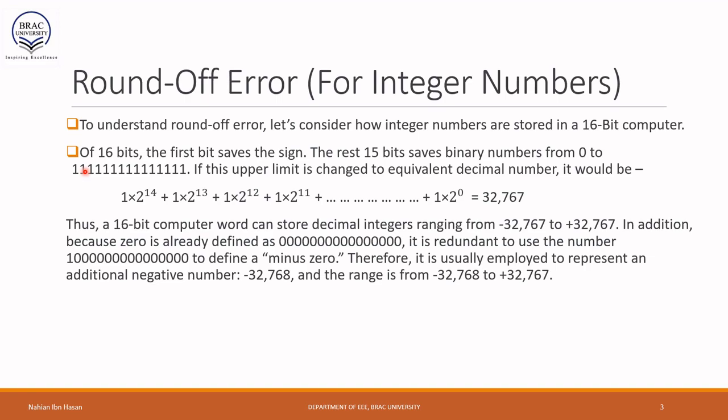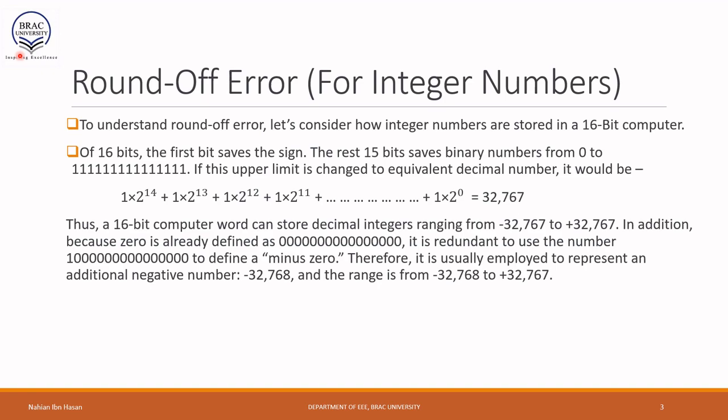So you can store up to 32,767, and on the negative side you can equivalently store up to minus 32,767. So the range of numbers that you can store using a 16-bit computer system is from minus 32,767 to plus 32,767.